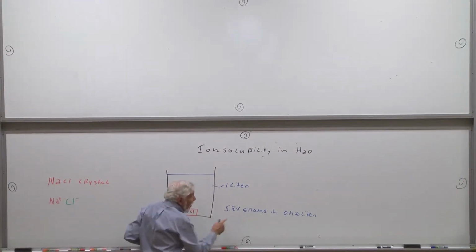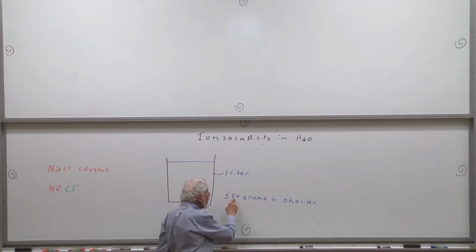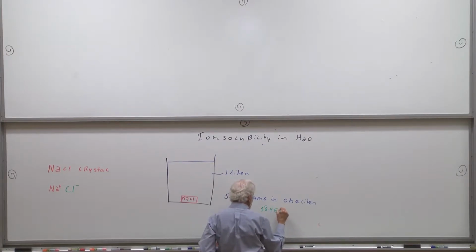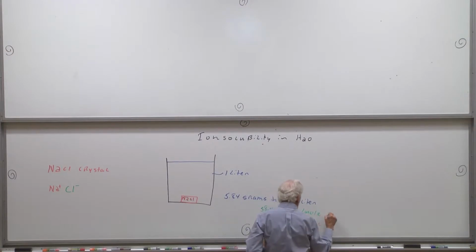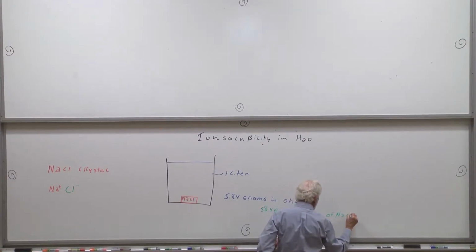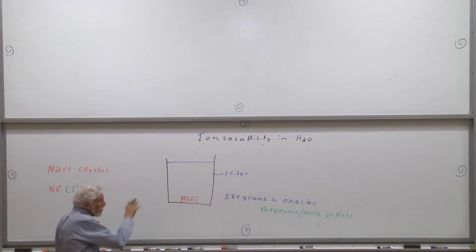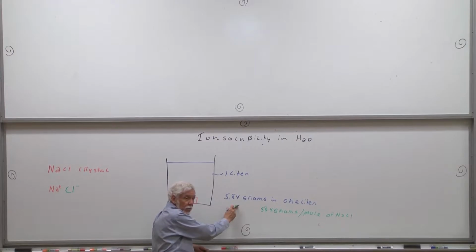We're going to say we have 5.84 grams in 1 liter because it turns out there are 58.4 grams per mole of sodium chloride. So every mole of sodium chloride weighs 58.4 grams. Well, we're going to simplify that, move the decimal place 1, so we have 5.84 grams.